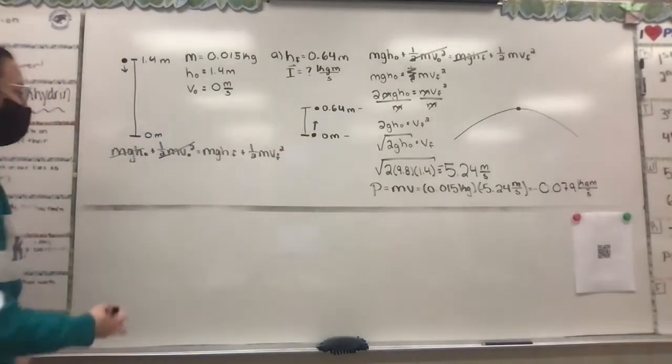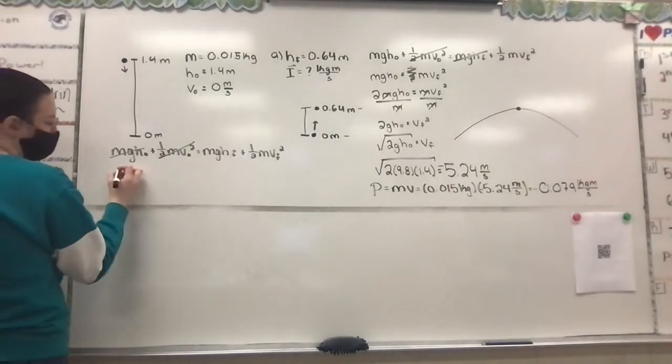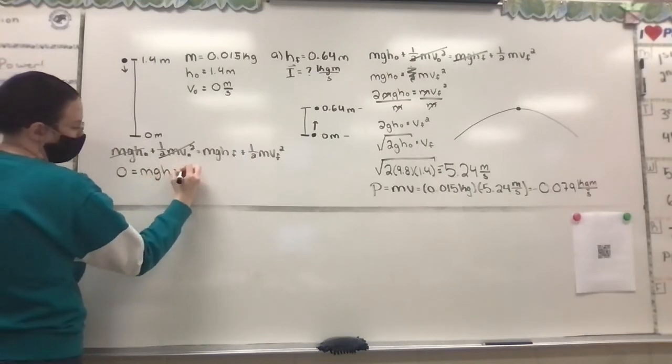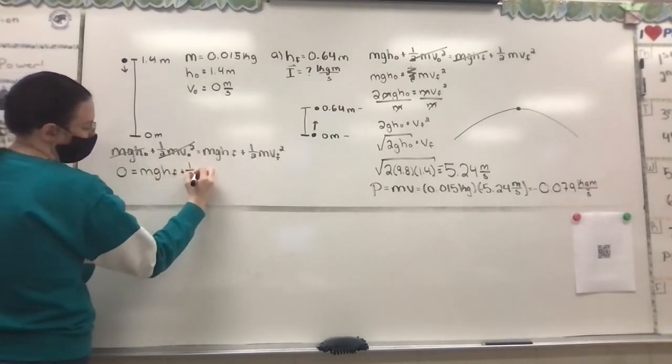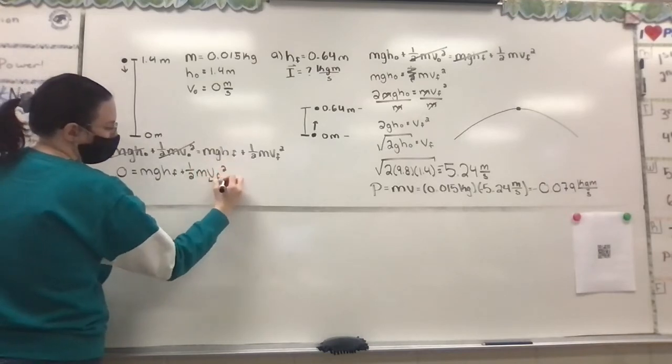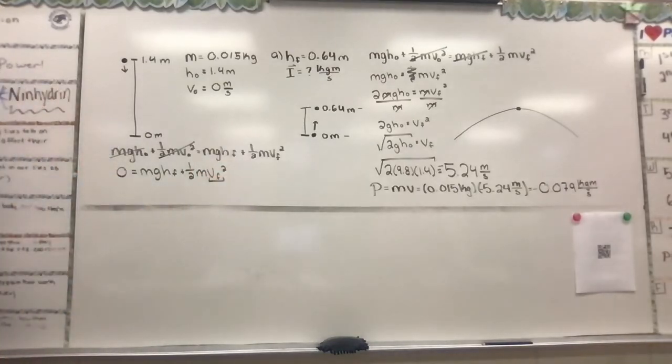Okay. So that means we're left with 0 equals mg h final plus 1/2 m v final squared. And we're looking for that final v. And we can still find it, can't we? Yeah, we can.